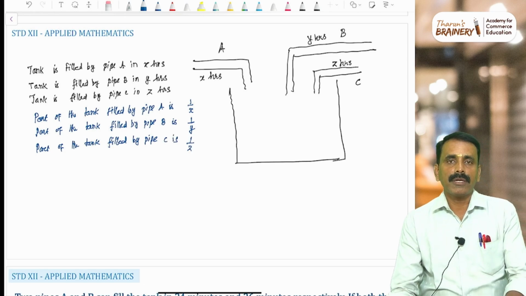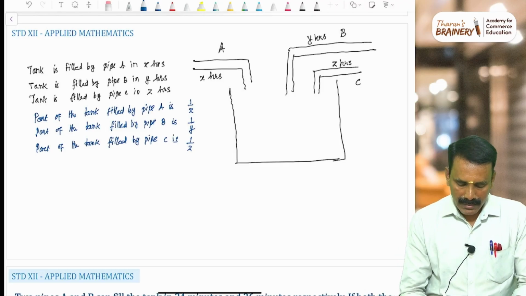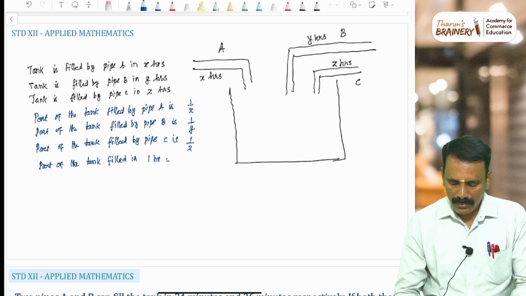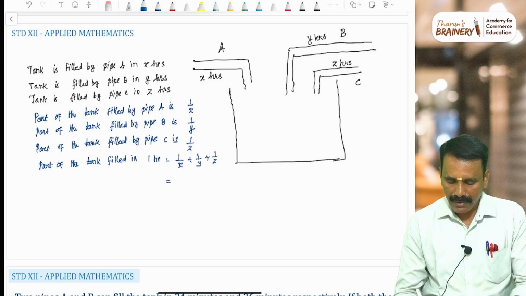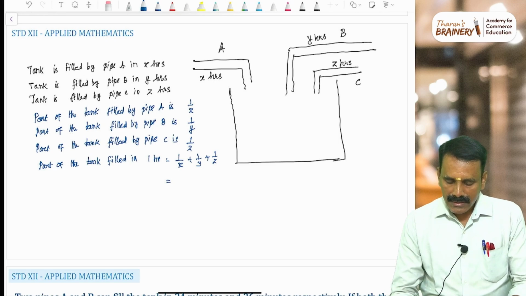If all the three pipes are opened together at the same time, then the part of the tank filled in 1 hour will be equal to 1 by x plus 1 by y plus 1 by z. We have to sum up everything, so in that case we take LCM for the calculation.